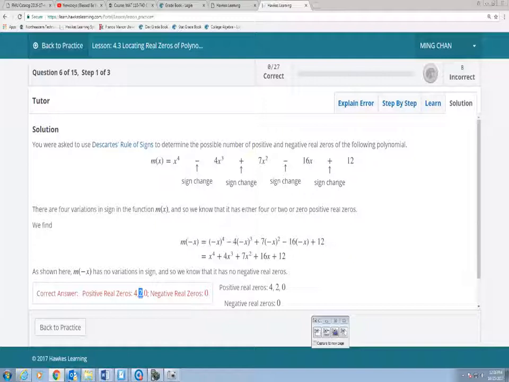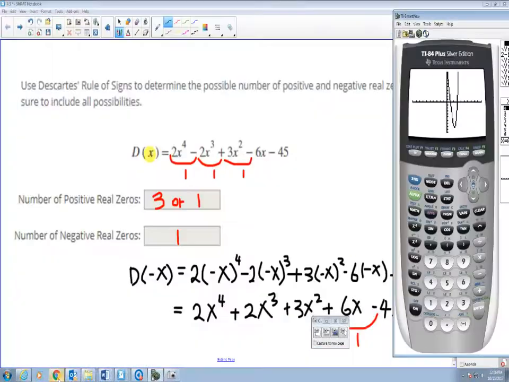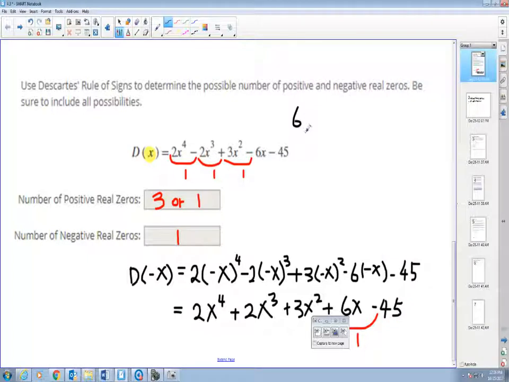If I have, let's pretend if I got 6 different sign changes, I can have 6. I could actually cross over the x-axis 6 times, or I could cross over 4 times because I'm minus 2, or I can cross it 2 times, or I can actually cross it 0 times.